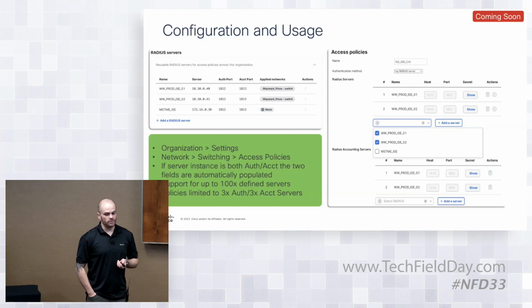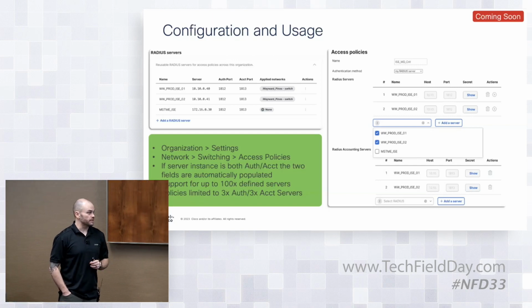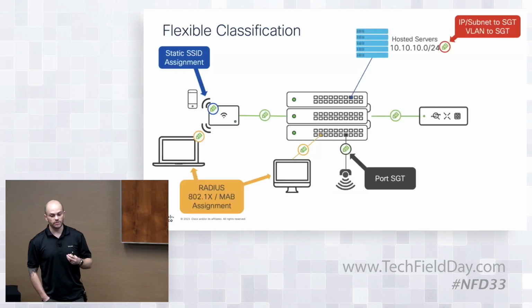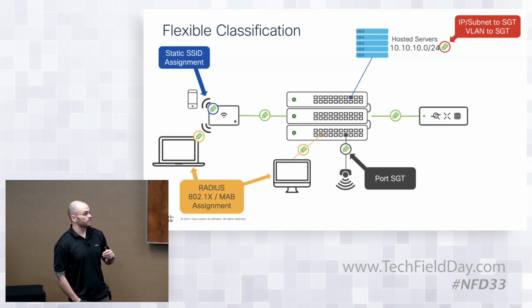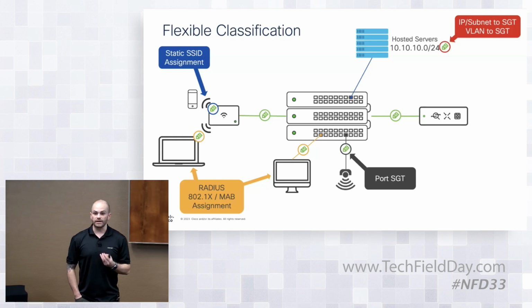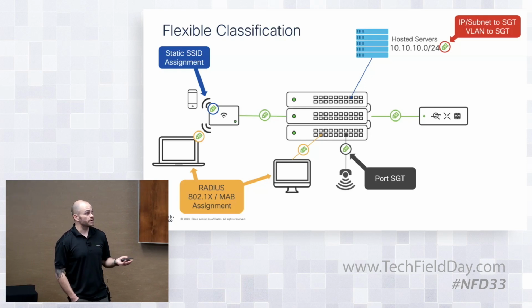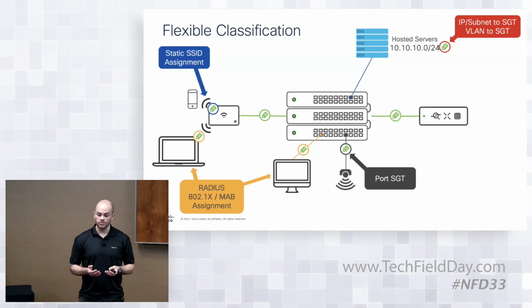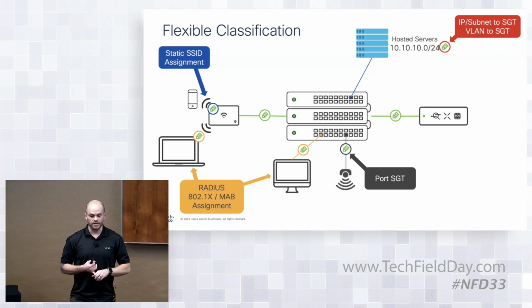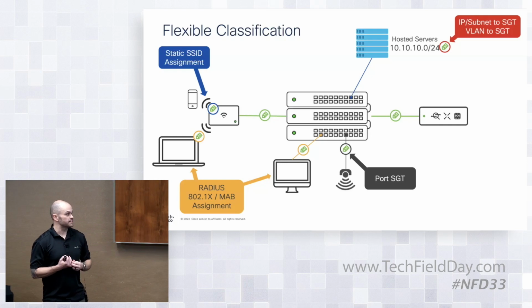The last thing I wanted to end with on this portion is that one of the things we tried to do is make sure that when you're deploying adaptive policy, it's very flexible in how you apply that classification, because not every network is the same, not every environment's the same. A lot of customers don't have RADIUS, and you don't have to have RADIUS to deploy this solution. There are many different methods, like just SSID assignment.